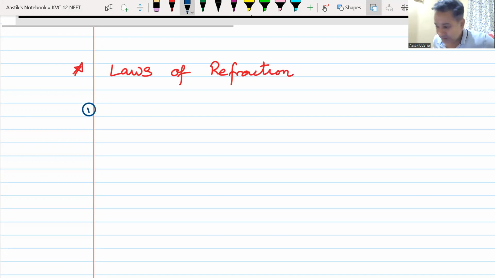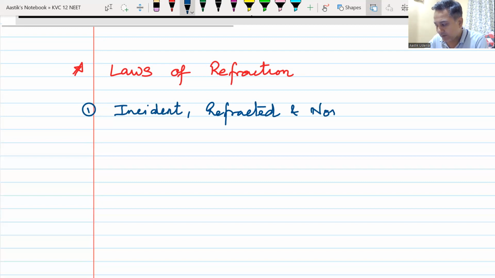The incident ray, the refracted ray, and the normal lie in the same plane. Do we understand this? Yes or no? Can I have a raised hand from everyone that we know this?